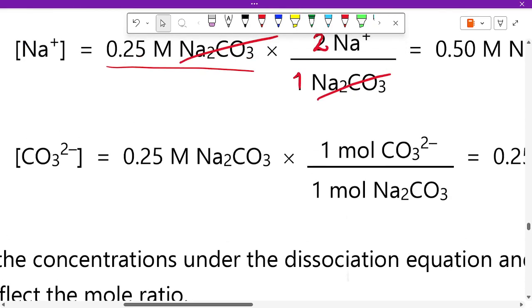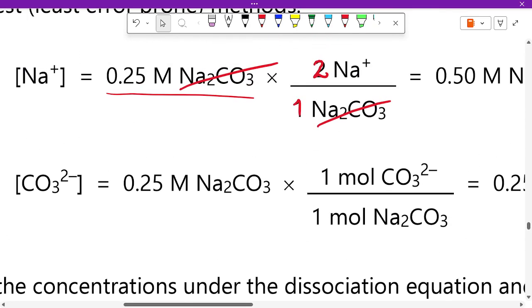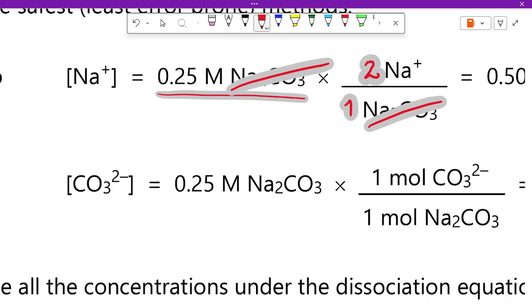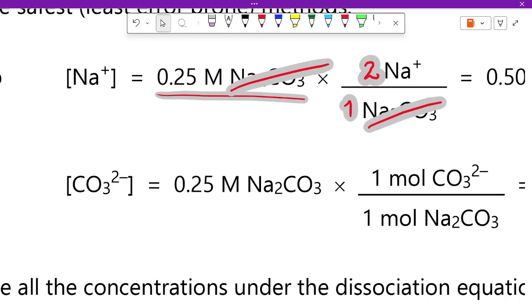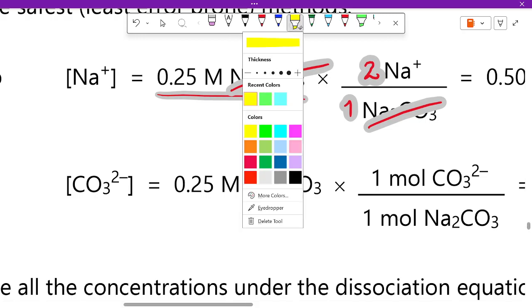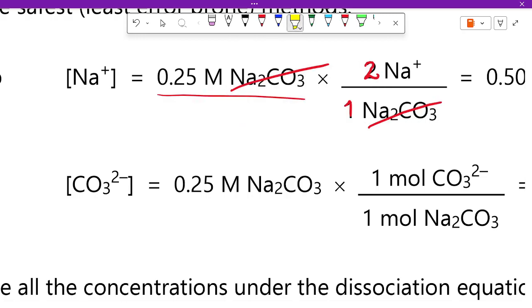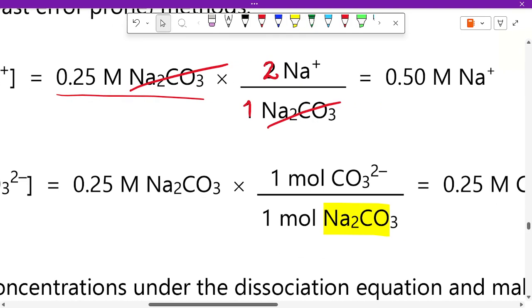Okay, you could use the mole ratio instead. You could say for every 1 mole of Na2CO3, I have 1 mole of CO3. It's the same thing. Particle ratio and mole ratio are the same thing. Yes? That's one way of showing it.